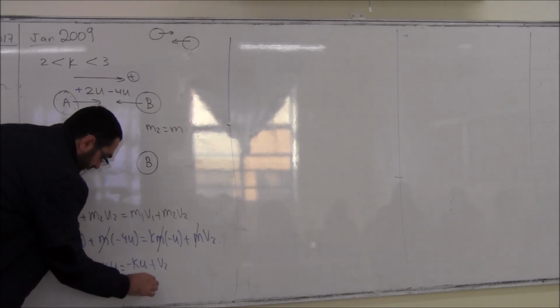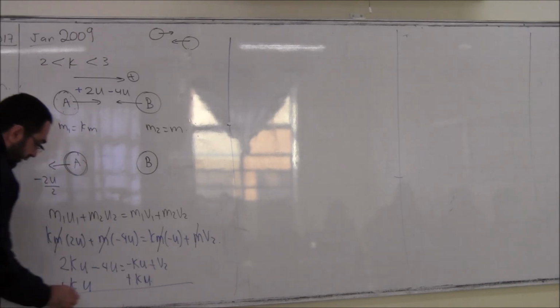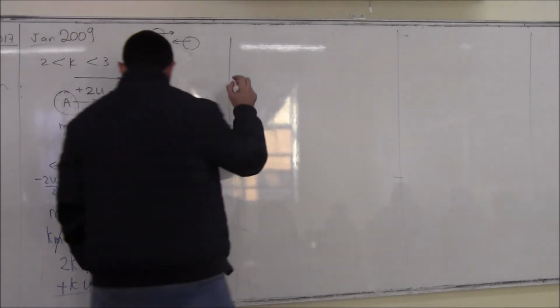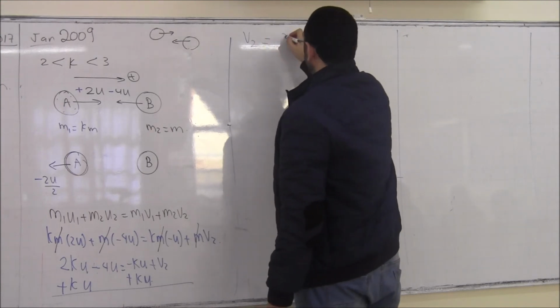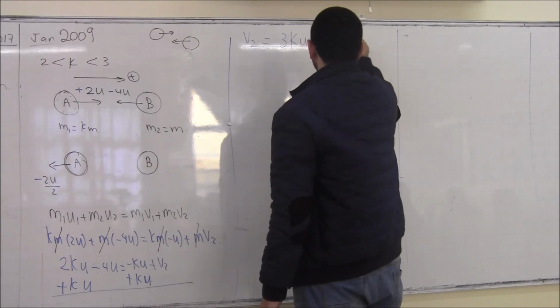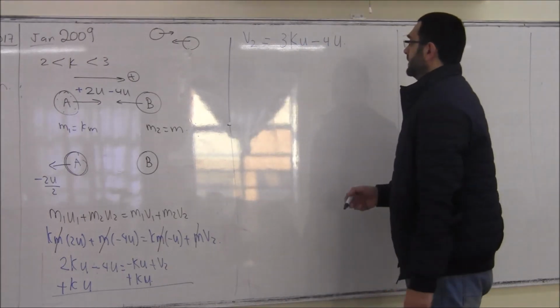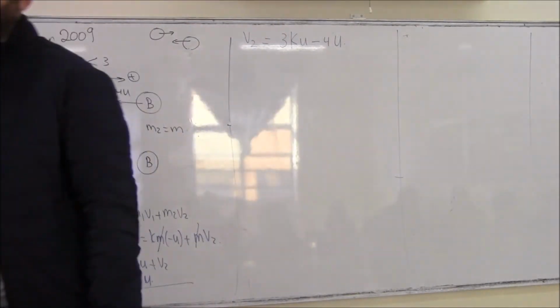So v2 equals 3ku minus 4u. In terms of k, you can keep it like this, no matter. Okay guys? It's easy now.